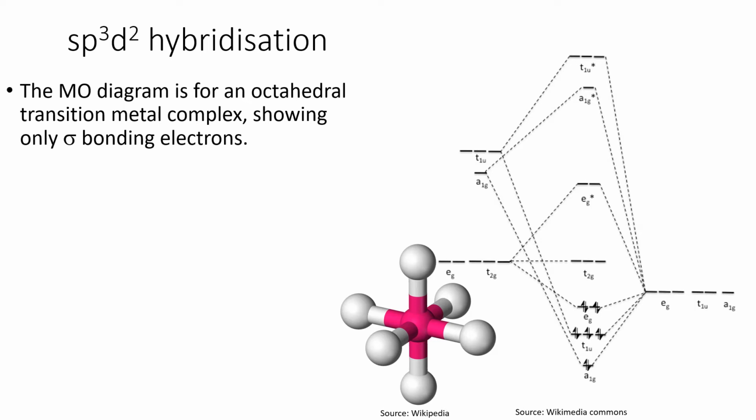So there we have the 3d orbitals, assuming it's a first row transition metal. And then the other orbitals are up higher in energy, and these represent the 4s and the 4p. So actually these will all be empty in transition metal ions. So we've got these empty orbitals. The A1, of course, you'd expect that to be fully symmetric, so that's the 4s orbital.